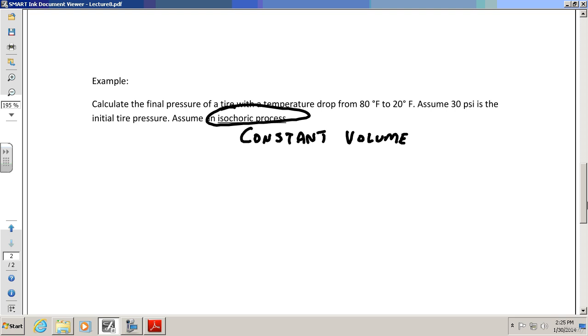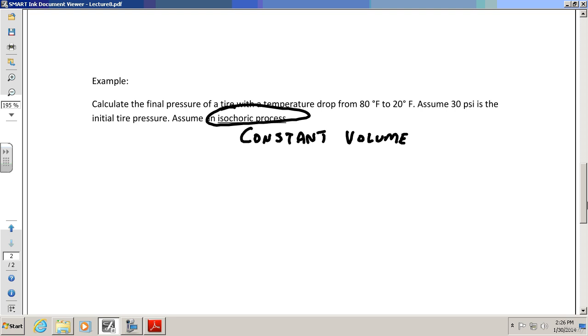Constant volume. That's a pretty good estimation with your tires. Not much, so a little bit maybe, but it doesn't really change your actual volume inside the tire appreciably.